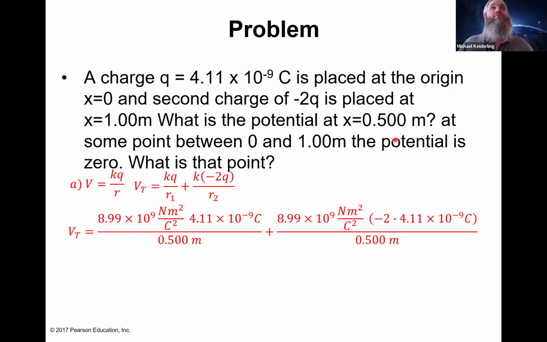If x equals 0.5 meters, radius 1 is going to be 0.5 meters, and radius 2 is going to be 1 meter minus 0.5 meters, which is also 0.5 meters.